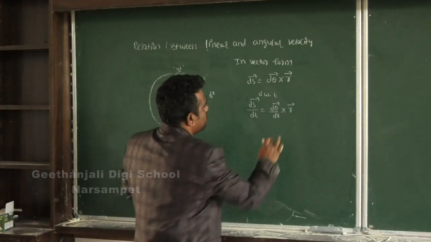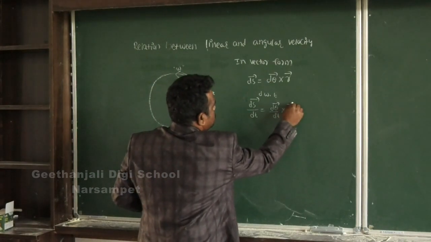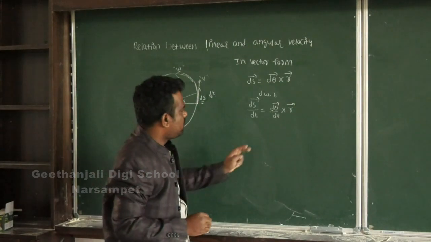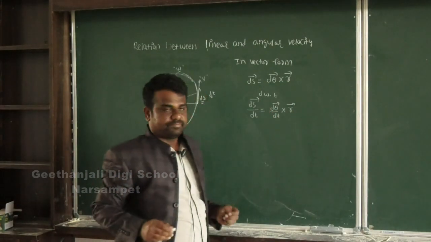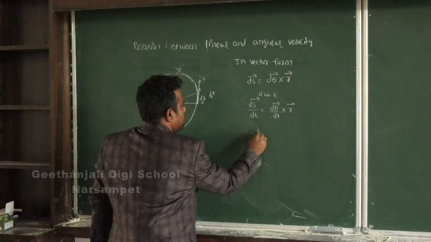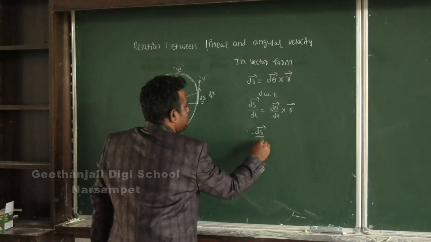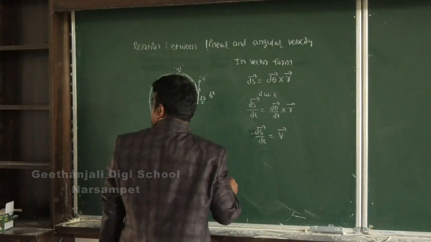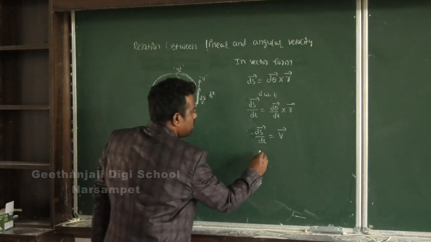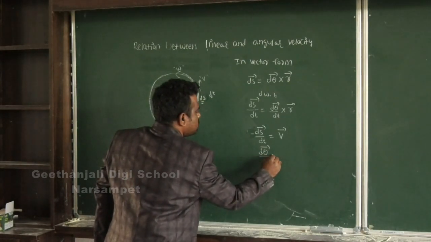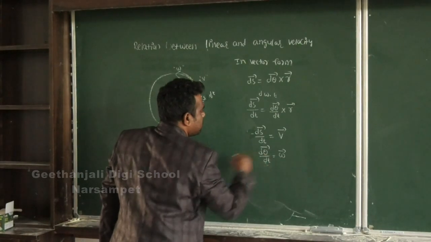Again this is a constant, so I am not writing any differentiation, means I am not expanding it, right. ds vector by dt equals the velocity vector, this is the linear velocity vector, and d theta vector by dt equals the angular velocity vector.